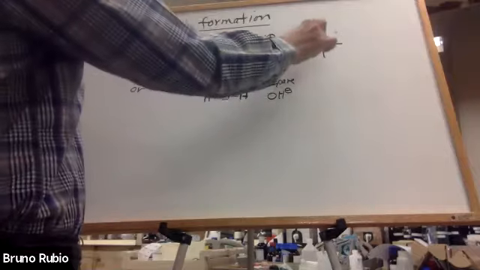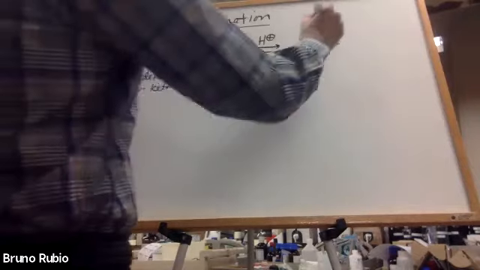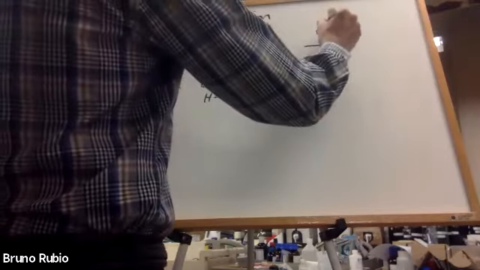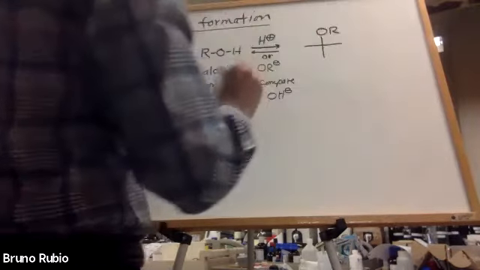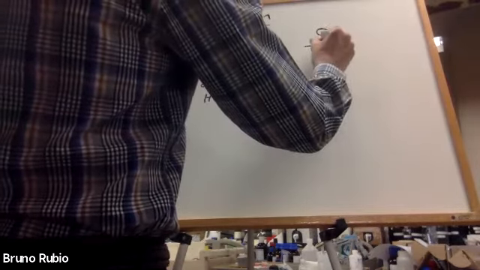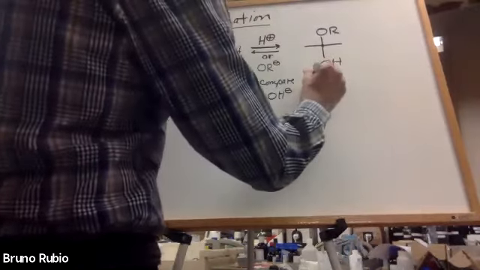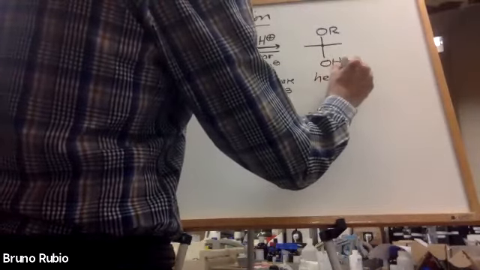So remember, the hydrate is going to have an OH up there and an OH down there. Now, when the aldehyde or ketone reacts with an alcohol, what we're getting is OR on one side of what used to be the carbonyl and OH on the other end of what used to be the carbonyl. This thing is called a hemiacetal.